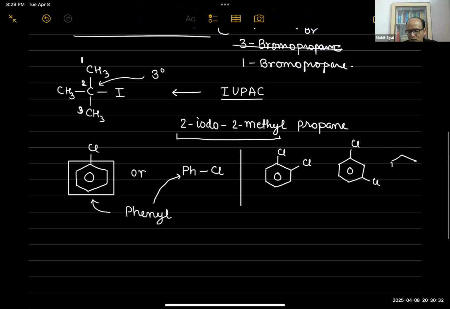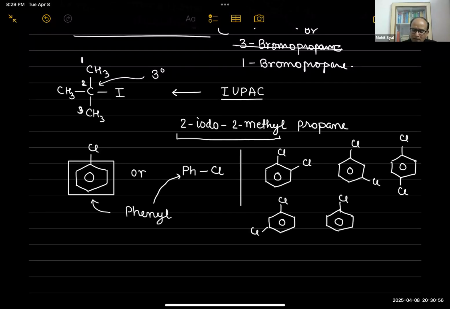So let's try to draw them by replacing. Of course, I have to replace 2 hydrogens. I can't put chlorine without removing hydrogen. So I have put them everywhere, all the possibilities.